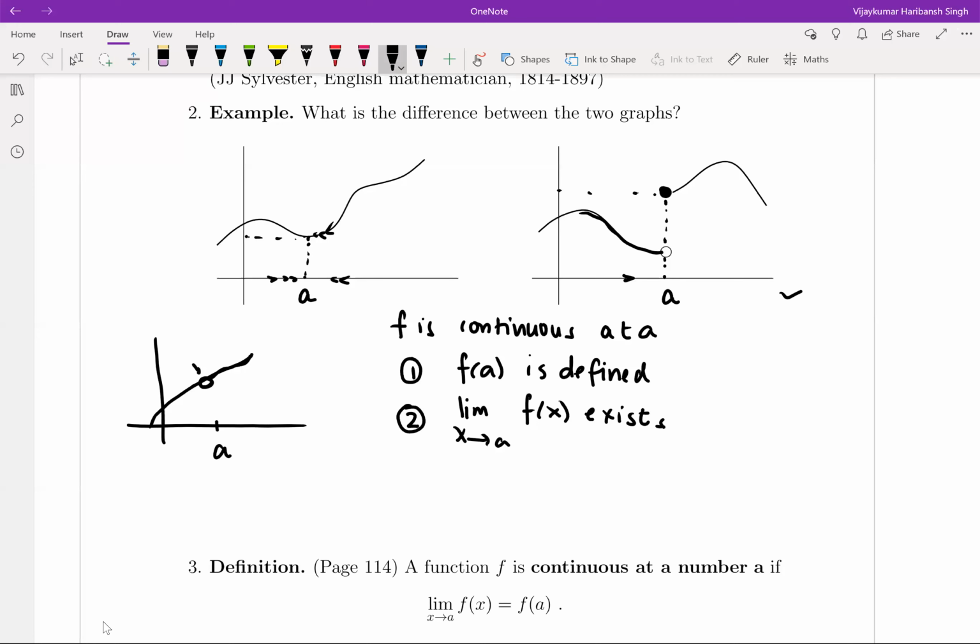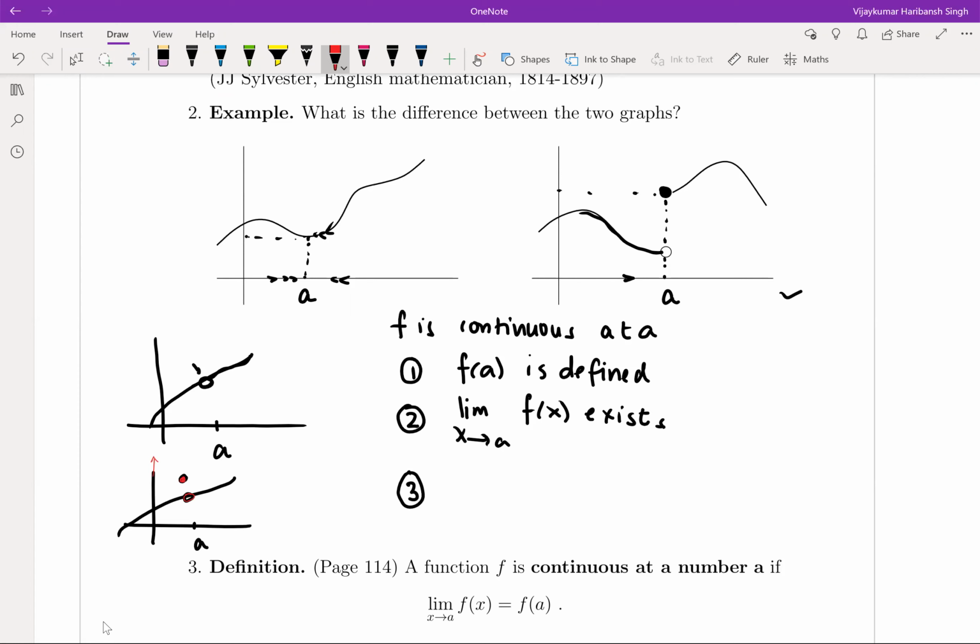And not only that, third, let's look at the following scenario. I'll modify the same graph. I have A, and I have the function defined like that, but instead of the function being defined at A by this point, it is defined by this point.